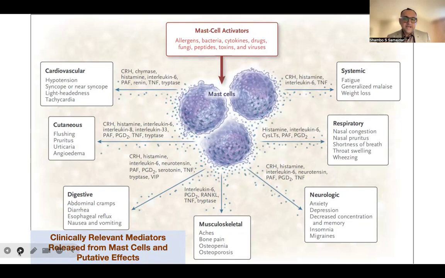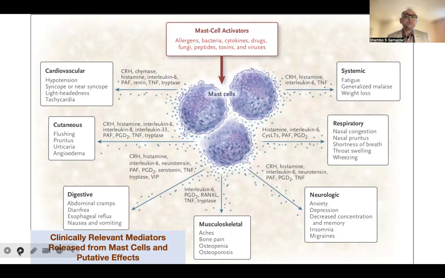What they do is act on the mast cells, and via different mediators, they produce system-specific symptoms. For example, in the cardiovascular system, they will produce hypotension, syncope, lightheadedness, tachycardia. In the cutaneous system, they will produce flushing, pruritus, urticaria, angioedema. In the digestive system, they will produce abdominal cramps, diarrhea, esophageal reflux, nausea, vomiting.